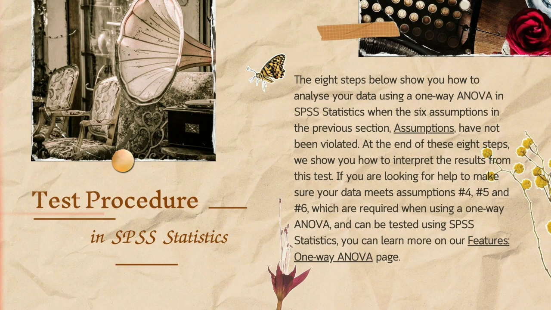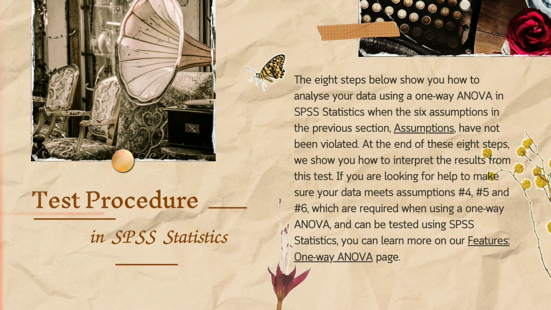And next, test procedure in SPSS Statistics. The eight steps below show you how to analyze your data using a one-way ANOVA in SPSS Statistics when the basic assumptions in the first section have not been violated.